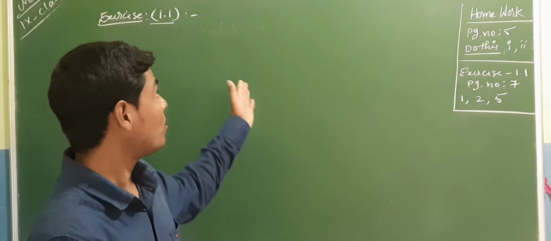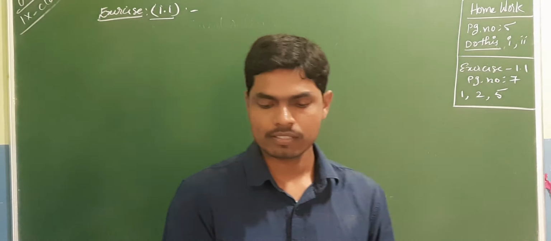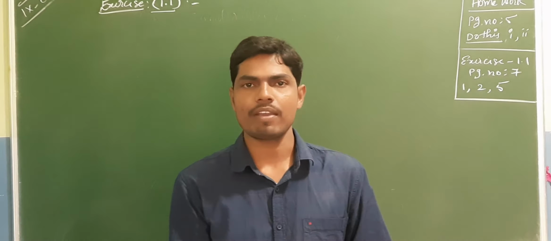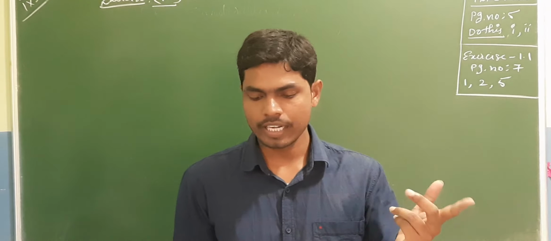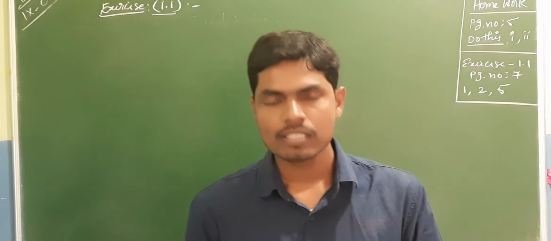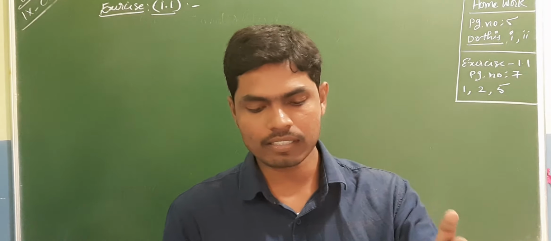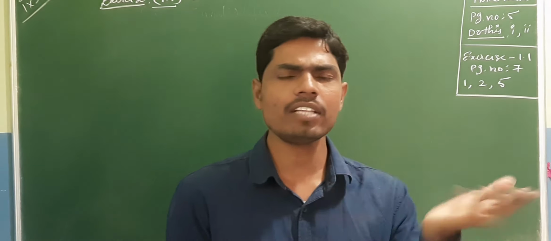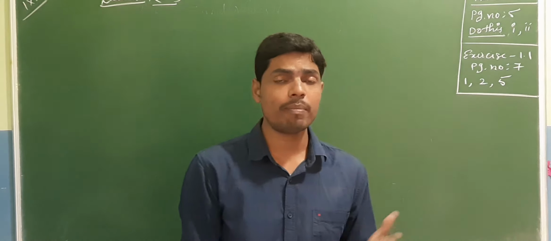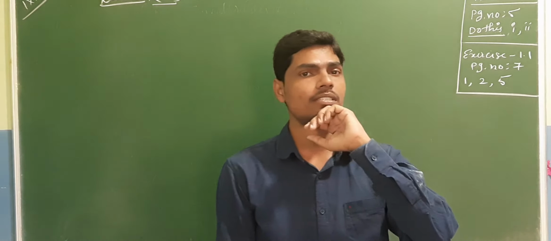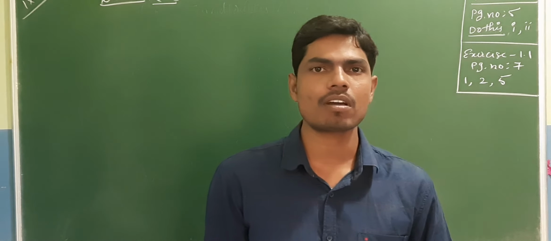So next we need to start exercise 1.1. So open your textbook, everybody, and read the first question. Here in our textbook we have: write any 3 rational numbers. Till now in basics we have learned so many types of numbers, especially rational numbers also.